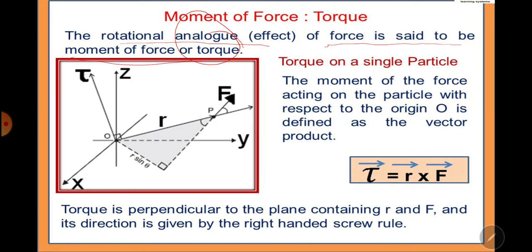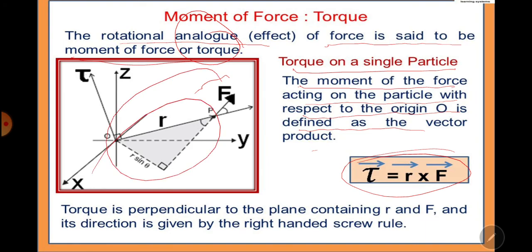If you convert force into rotational analogy, it means torque. Consider a single particle. The moment of the force acting on the particle with respect to the origin O is defined as this formula. Now this diagram is not in your course, so leave it.